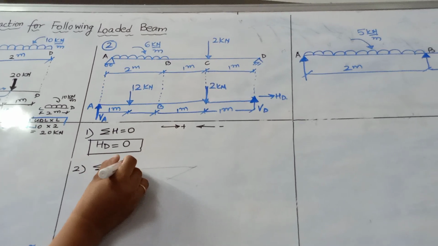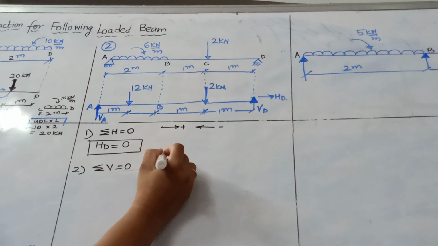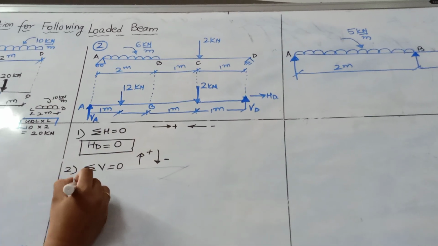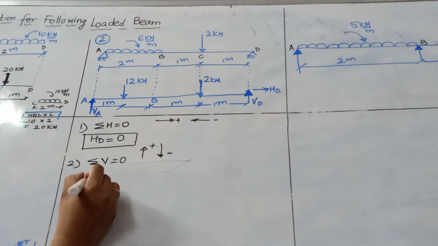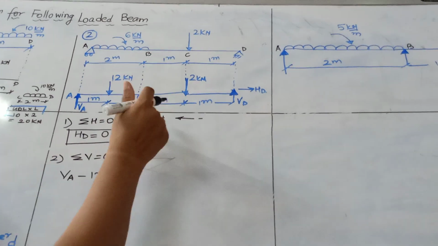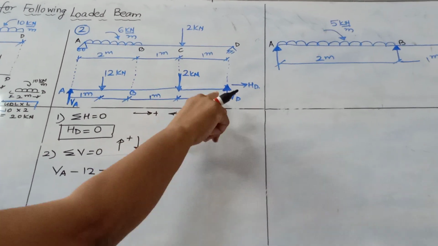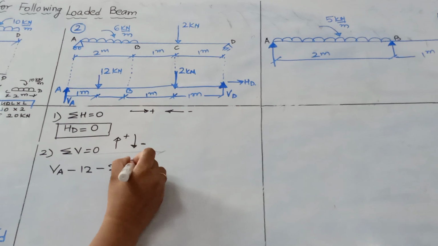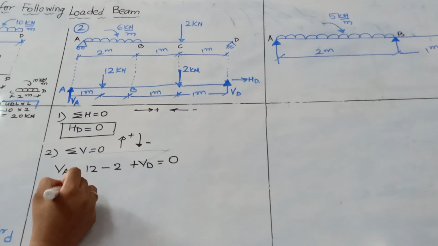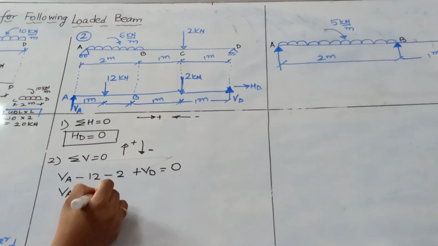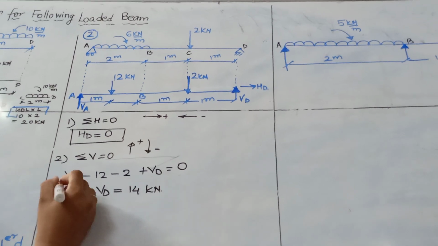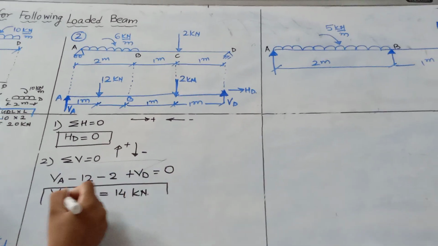Sigma V is equal to 0, upward positive, downward negative. So VA in the upward direction positive, 12 in the downward direction negative, 2 in the downward direction negative, and VD in the upward direction positive, that is equal to 0. So VA plus VD is equal to 14 kilonewton. This is our first equation.